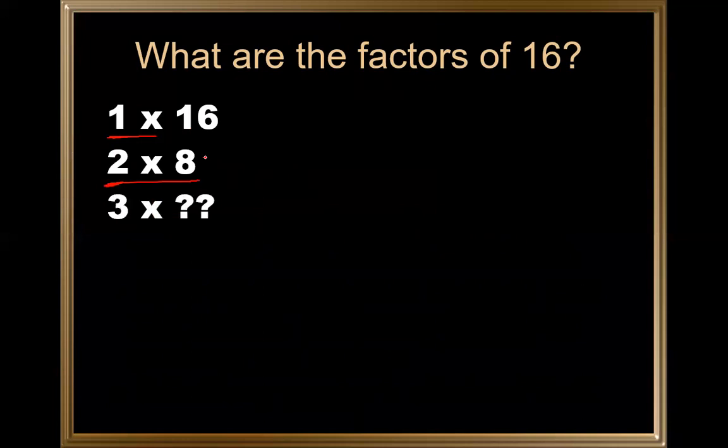Then 3. So children, why are we multiplying with 16 and 8 only? Look here. If I write 1, you have to start with 1 multiplied. Then how did we get the 16?